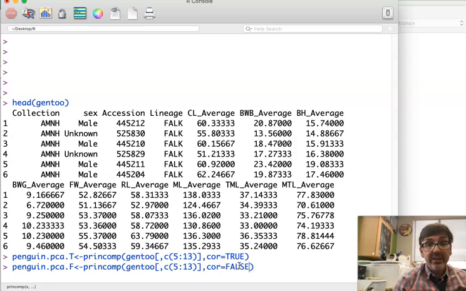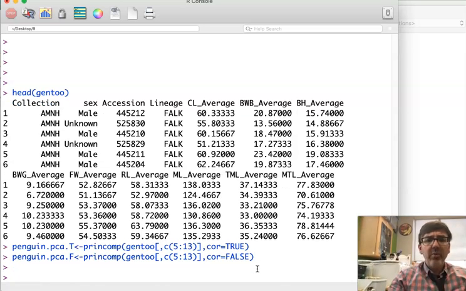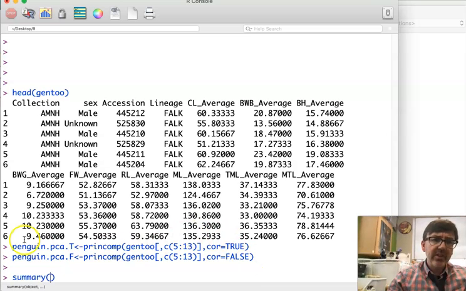What you're essentially saying here is you're saying correlation is true, is that each one of these variables is going to be scaled to be equal in their variance and their standard deviations prior to constructing those new ordination systems, or if you use cor equals false, that you're not going to do so, and the things that vary more are going to have a higher weighting when drawing that line. Now, whichever one you choose, true or false, it's up to you. It's a subjective decision.